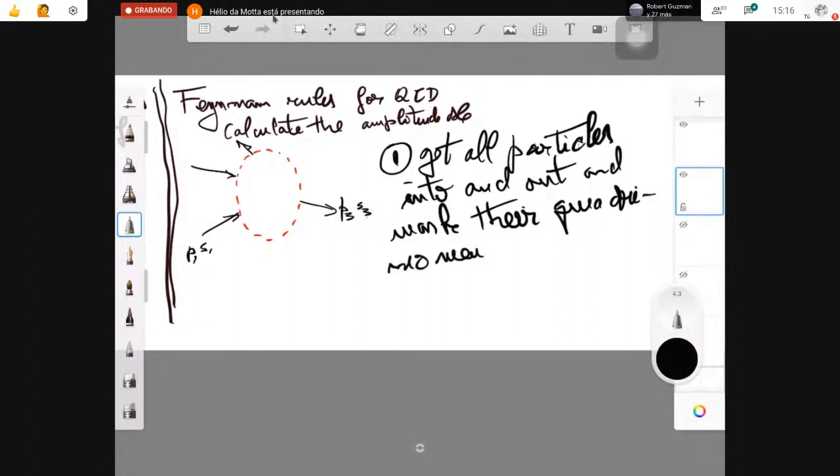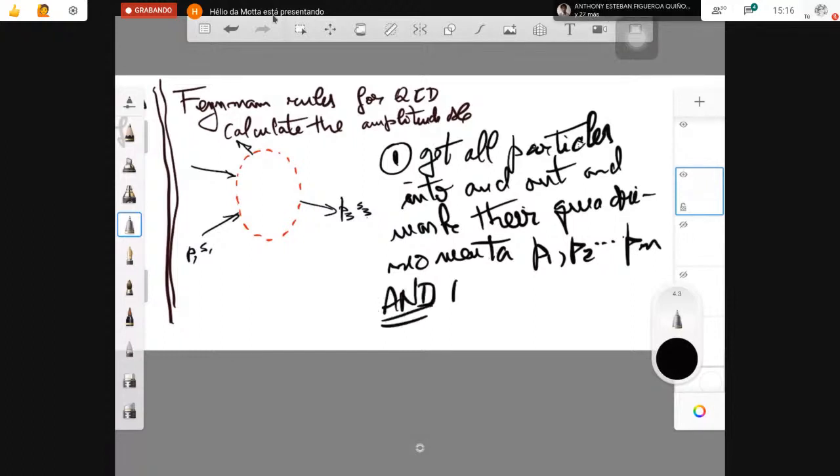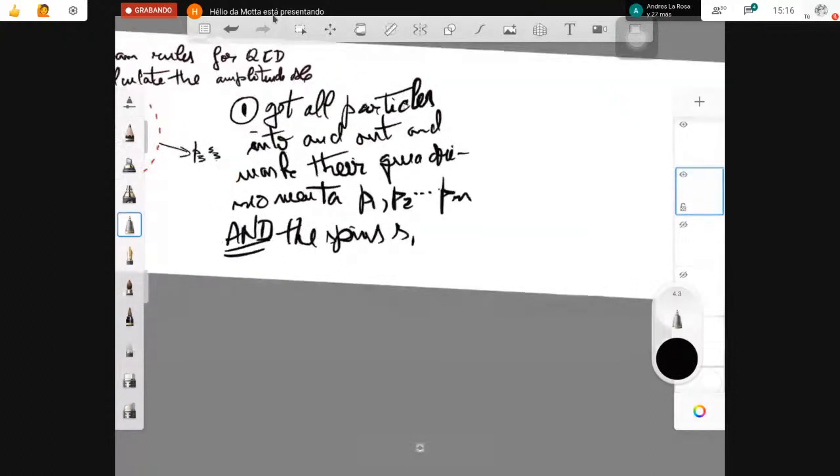Momentum P1, P2, okay, how many? Pn, and the spins S1, S2, Sn. Because that's how you define which of those functions you want to use, if you have a spin up or a spin down, and if you have a particle or antiparticle.